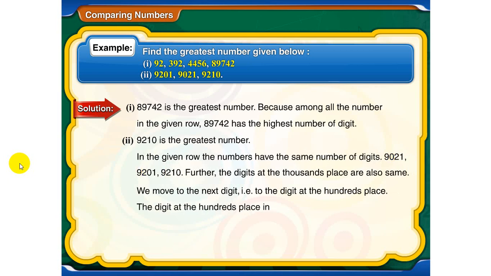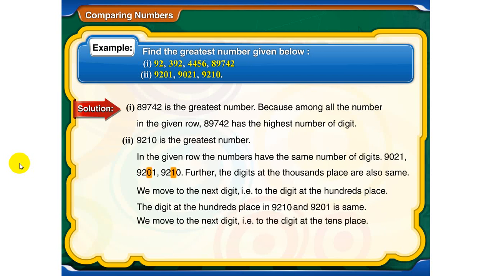The digit at the hundreds place in 9,210 and 9,201 is same. So, we move to the next digit, that is to the digit at the tens place. The digit at the tens place in 9,210 is greater than in 9,201. Therefore, 9,210 is the greatest number.